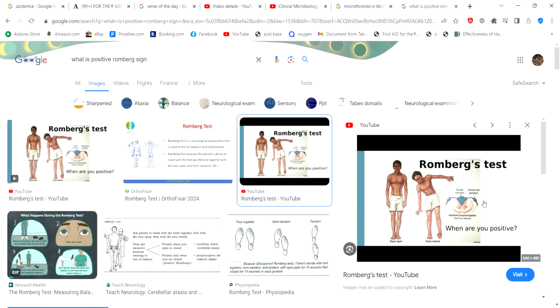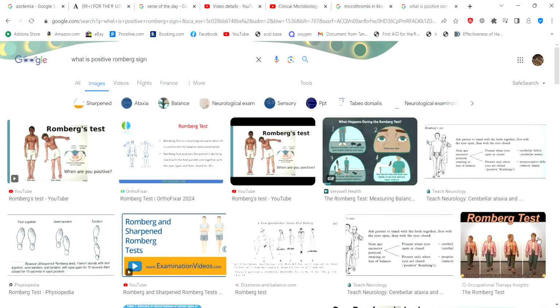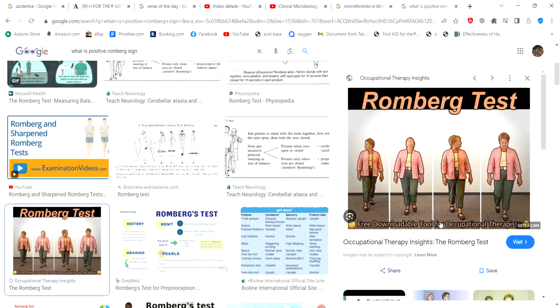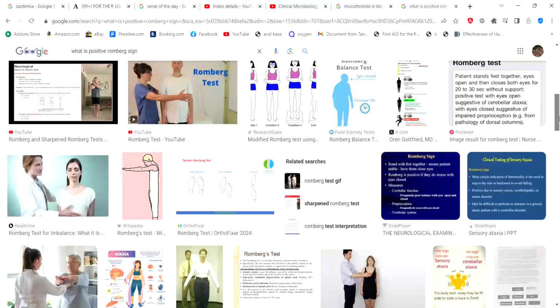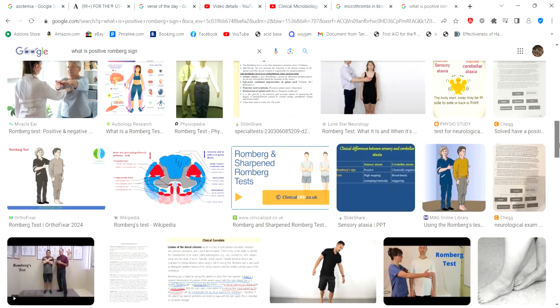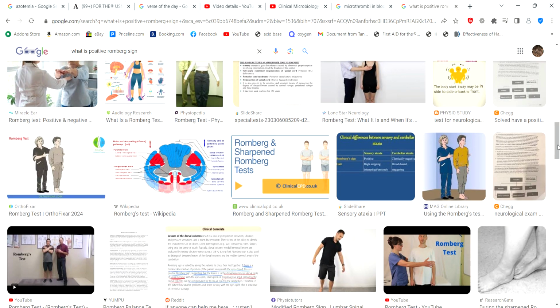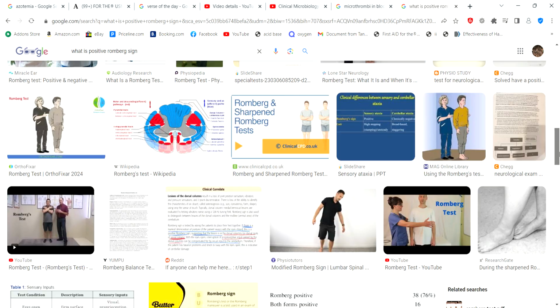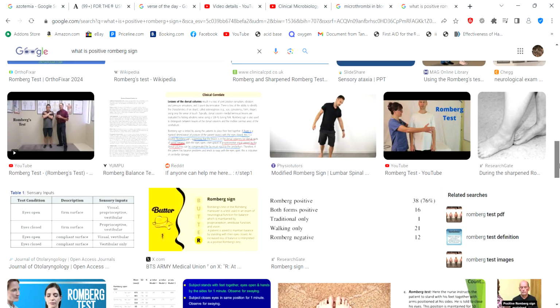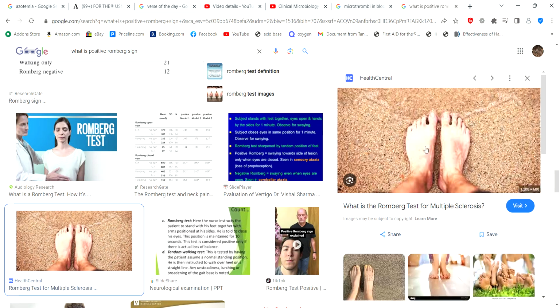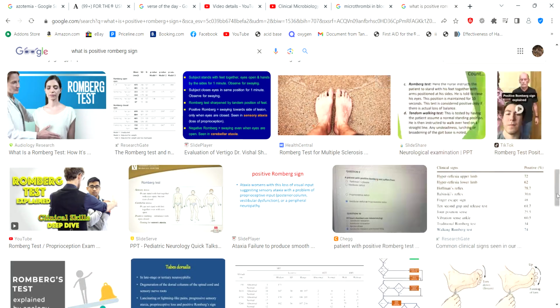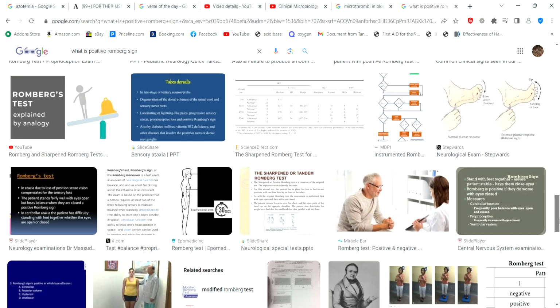Dorsal column, impaired proprioception. So they're going to fall over if their balance is off. You're supposed to be standing like this, and then have your eyes open or closed for 30 seconds.